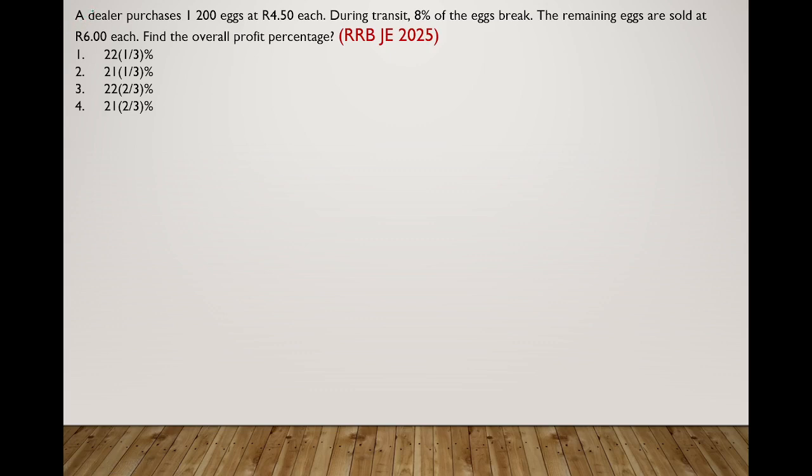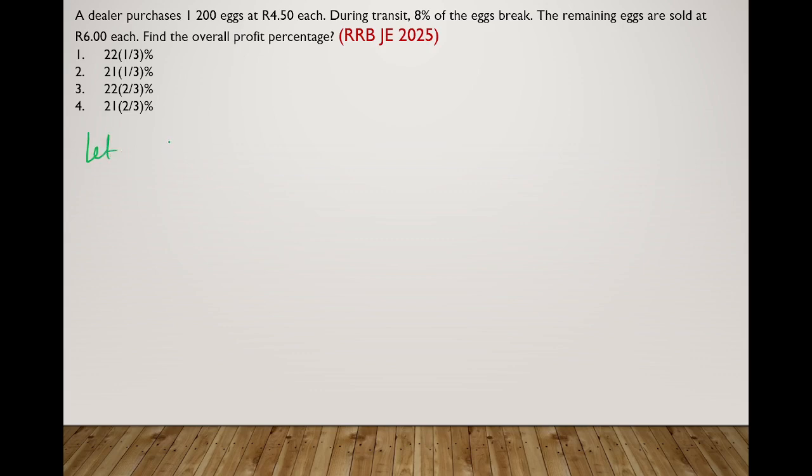Another question. A dealer purchased 1200 eggs at 4.5 each. During transit, 8% of the eggs break. The remaining eggs are sold at 6 rupees. Find the overall profit percentage.